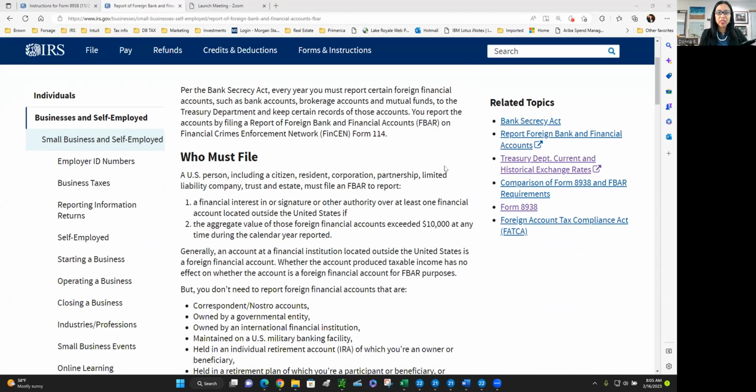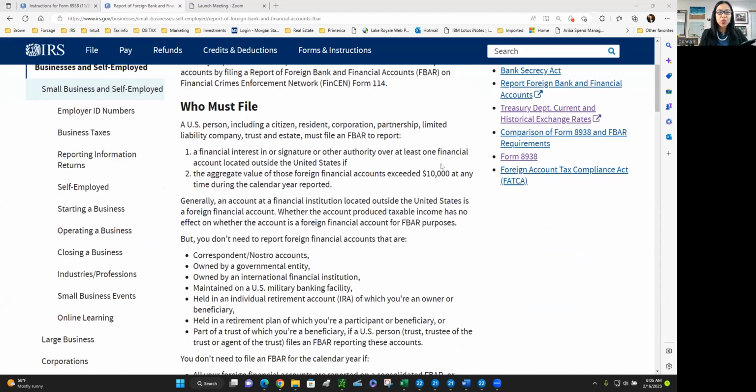So what it is, let's scroll right here, on the IRS website where you can find it. It says anyone who is a U.S. person, including citizen, resident, partnership, etc. Says it right here, and anyone who essentially owns an aggregate value of foreign accounts exceeding $10,000 at any time during the calendar year.